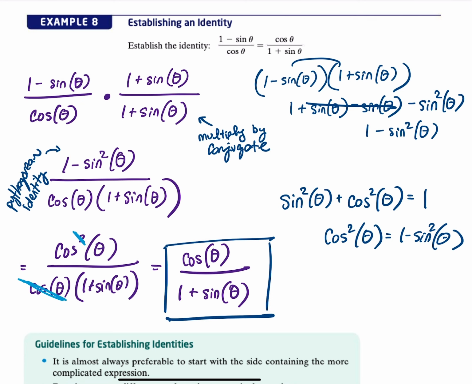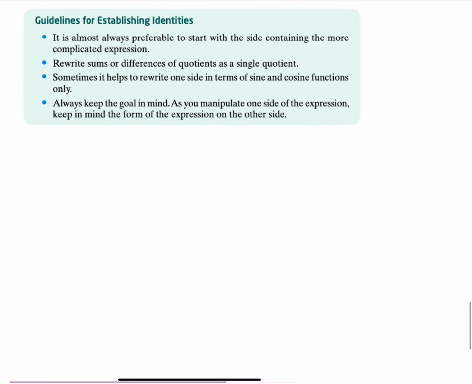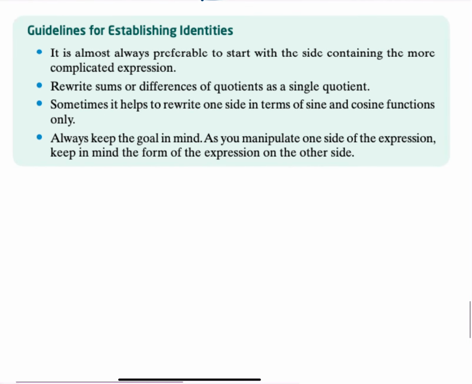So they summarize that up in this little table, guidelines for establishing identities. So let's look at these. It says it's almost always preferable to start with the side containing the more complicated expression. And that's what we've typically been doing. Take the more complicated side and turn it into the more simple side, because we usually want to end up canceling or doing something like that.